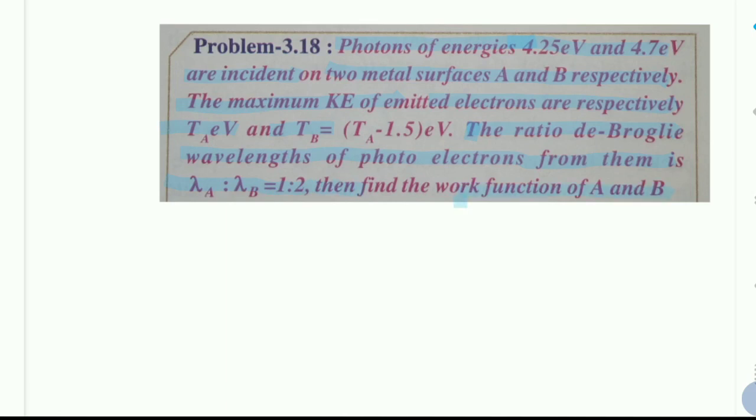The de Broglie wavelength lambda is equal to h by under root 2mK.